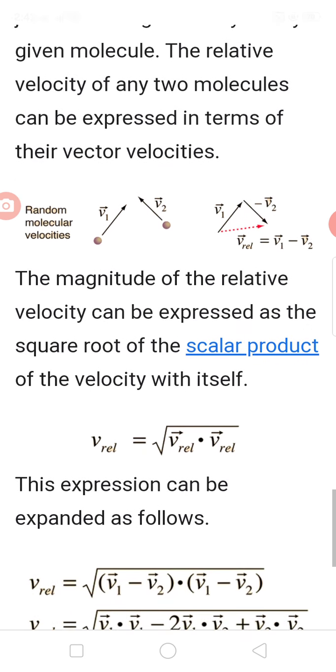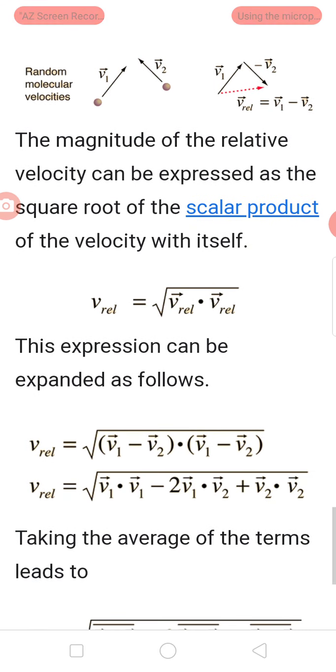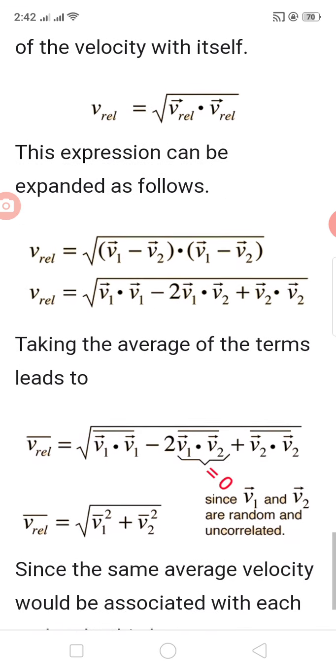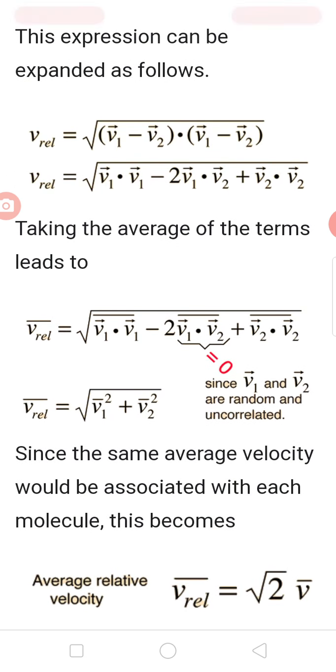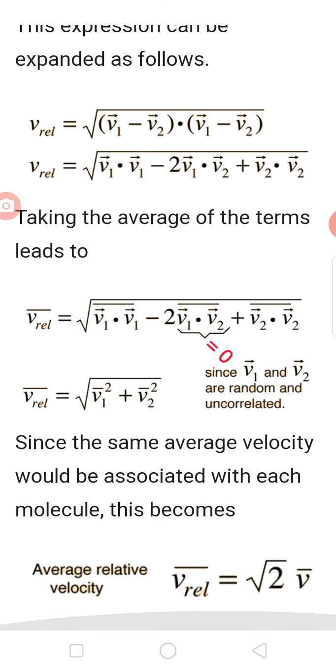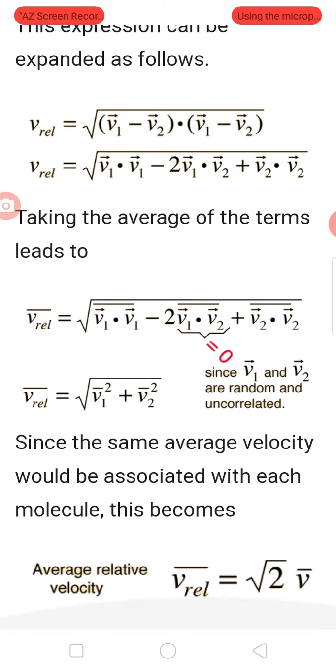The expression can be expanded and, taking the average on both sides, we get the average relative velocity equal to the square root of the average velocity of one molecule squared plus that of the second molecule. Since the same average velocity would be associated with each molecule, this becomes the average relative velocity equal to the square root of 2 times the average velocity.